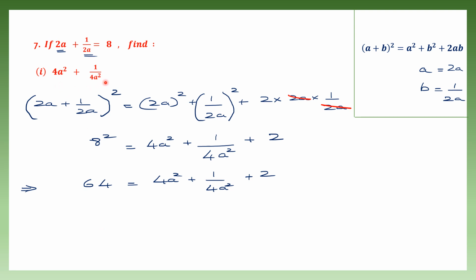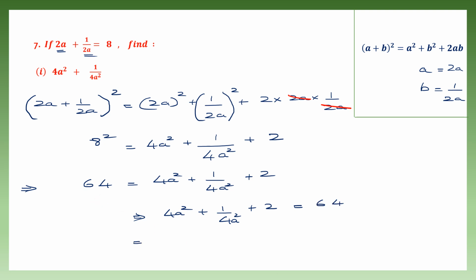We have to find out 4a square plus 1 by 4a square, that is this. So we're going to leave this here and write this as an equation. 4a square plus 1 by 4a square plus 2 is equal to, what do we have on this side? 64. So this is equal to 64.